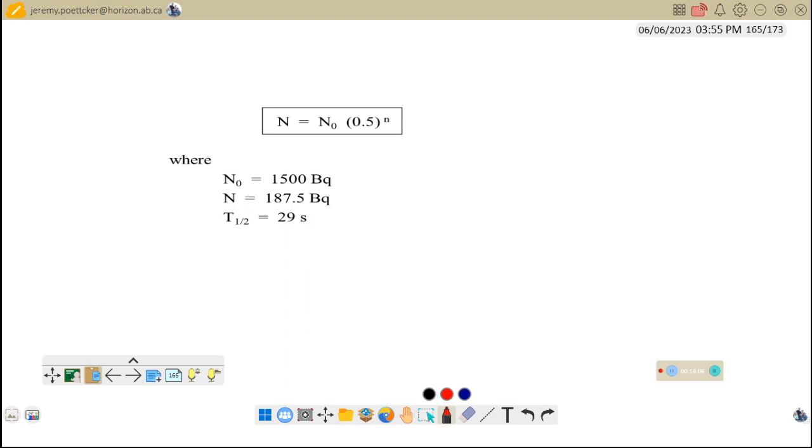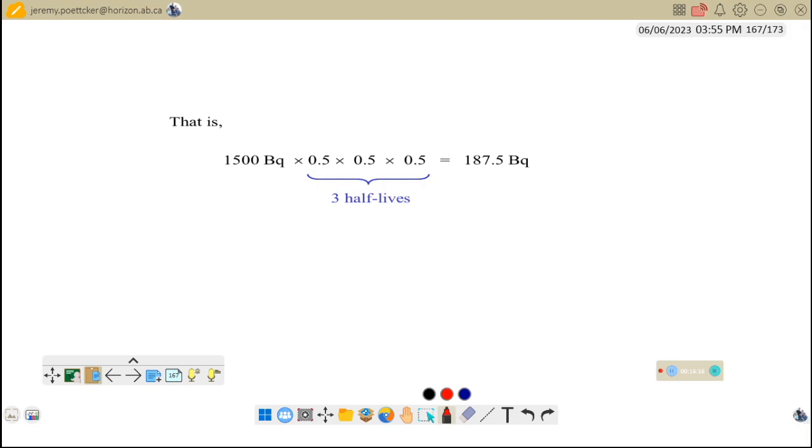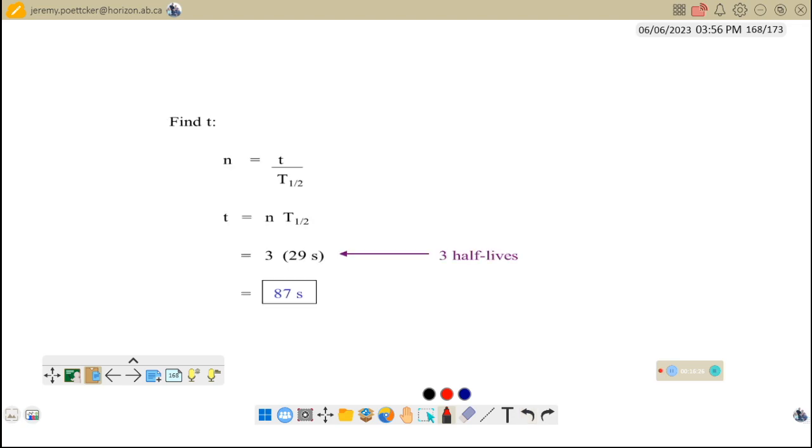All right, so again, here's what we know. Here's where we plug it in. We've had 3 half-lives go past. Yep, there it is. So we can check that if you want. 1,500 times 0.5 times 0.5 times 0.5 gives us this. You can check it in your calculator. And using this formula, now I more or less just did it in my head.